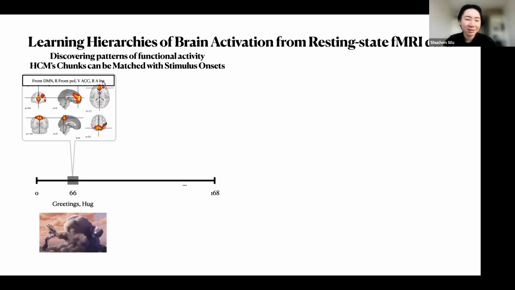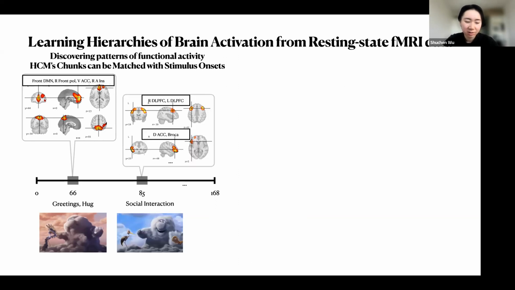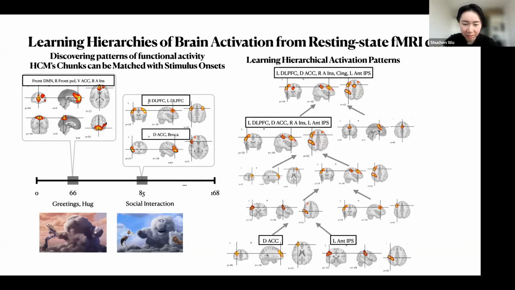HCM learns these chunks, but how do we know if these chunks are relevant? Another example is social interaction. When there is a social interaction, we also see other chunks lighting up.